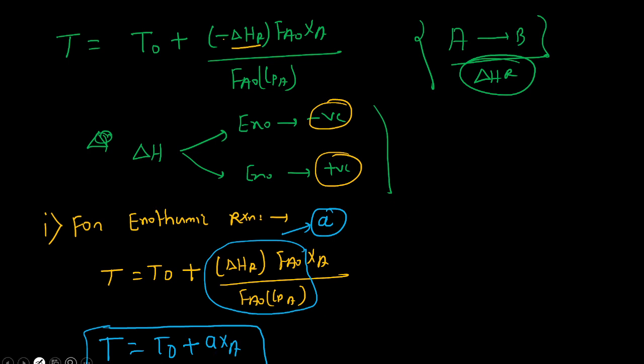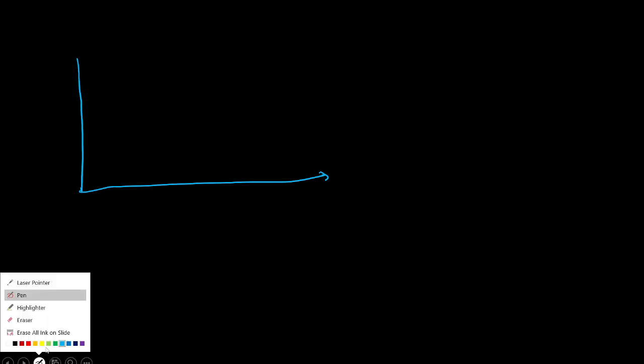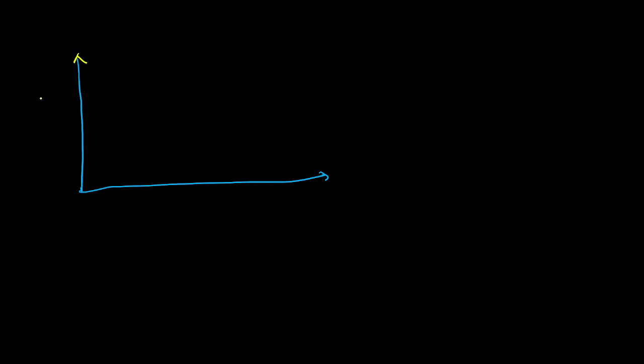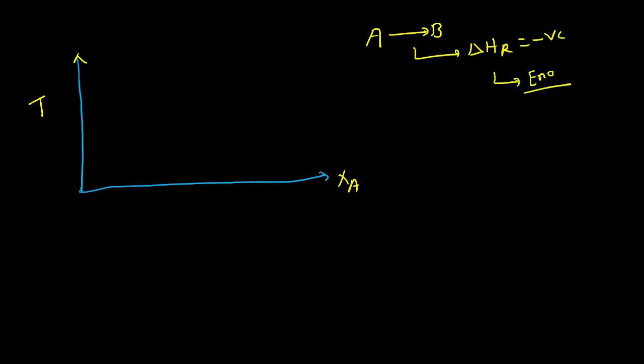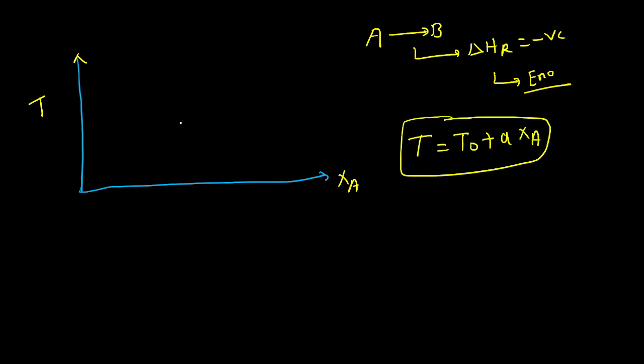So when we talk about the temperature profile of the continuous stirred tank reactor when the reaction is exothermic, try to understand the thing. Here it is temperature and here it is conversion of reactant A. If A is getting converted into B and delta H of R is negative, because this reaction is exothermic, what will happen? The temperature profile is T is equal to T naught plus A XA.